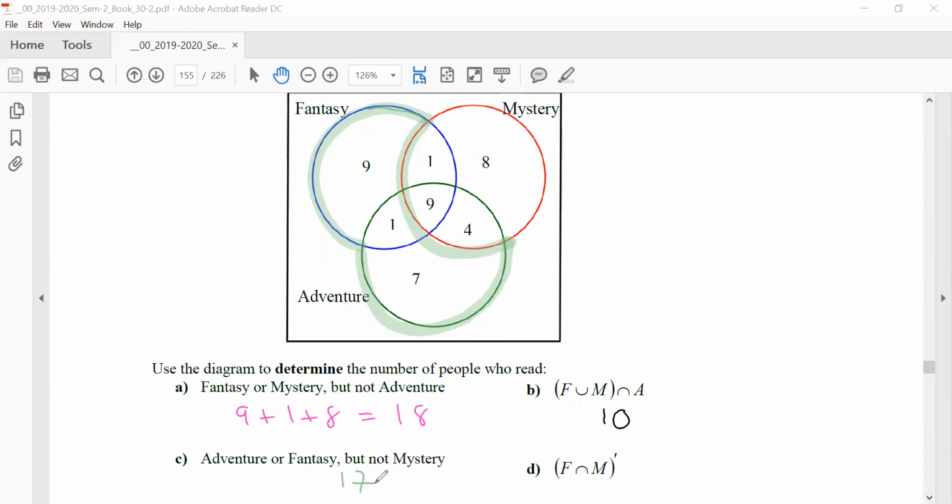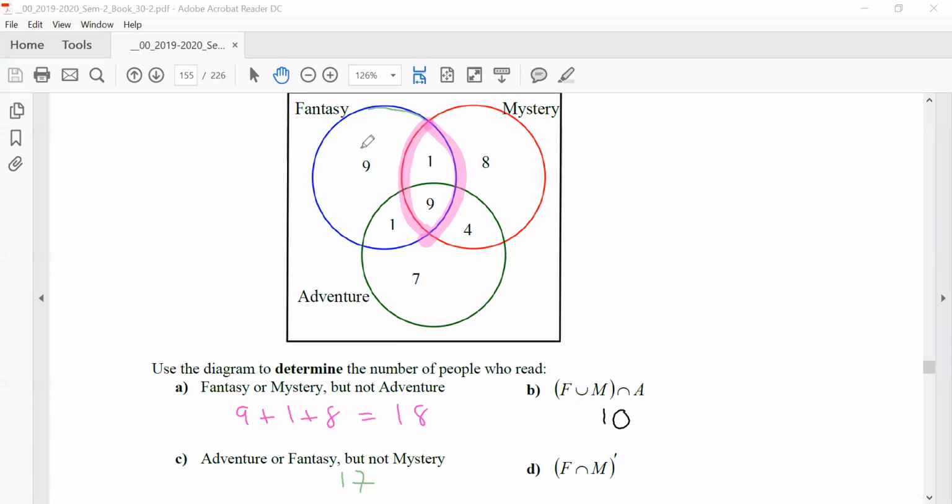And last one, let's go for pretty pink to finish the day. Not F and M. So you know by now what I'm going to do, don't you? I am going to cover up the prime. I'm going to pretend it's not there. F and M. There's F and M. So now I reintroduce the prime. I reintroduce the not.